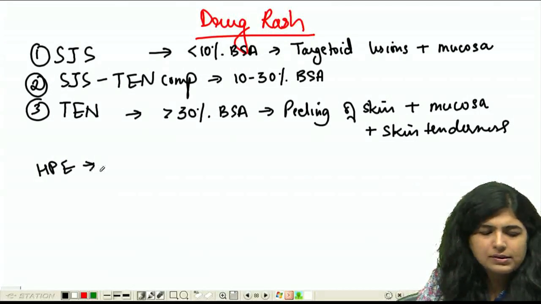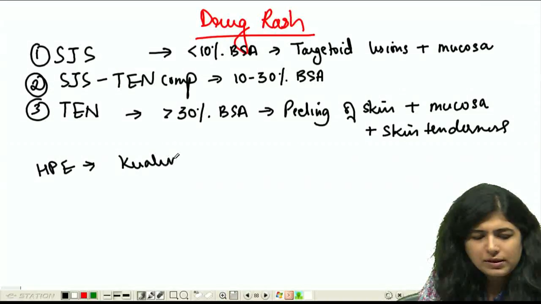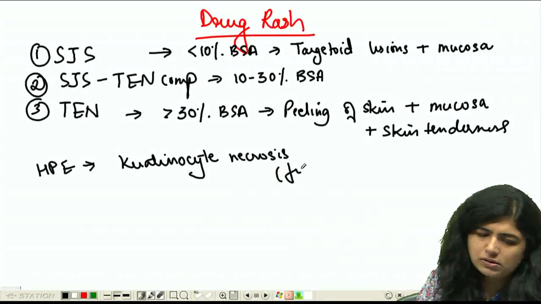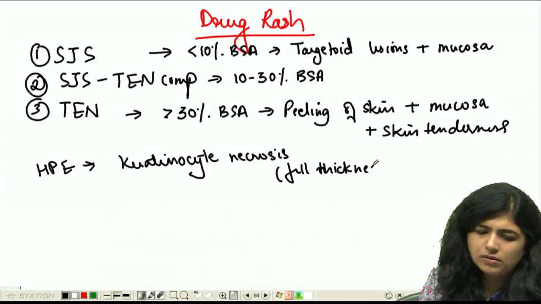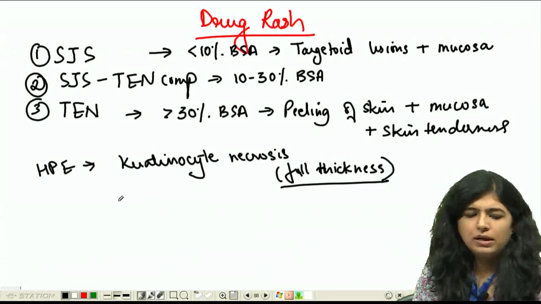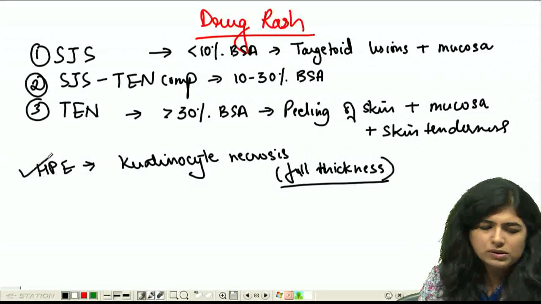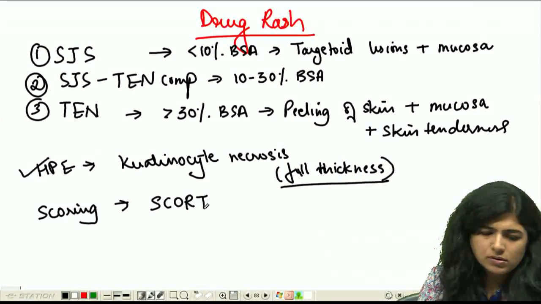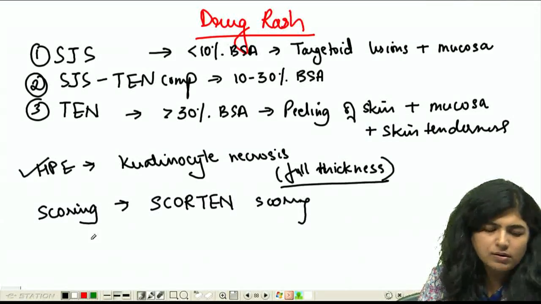Histopath is full thickness keratinocyte necrosis. The entire epidermis is necrosed. Scoring of severity is through SCORTEN scoring.